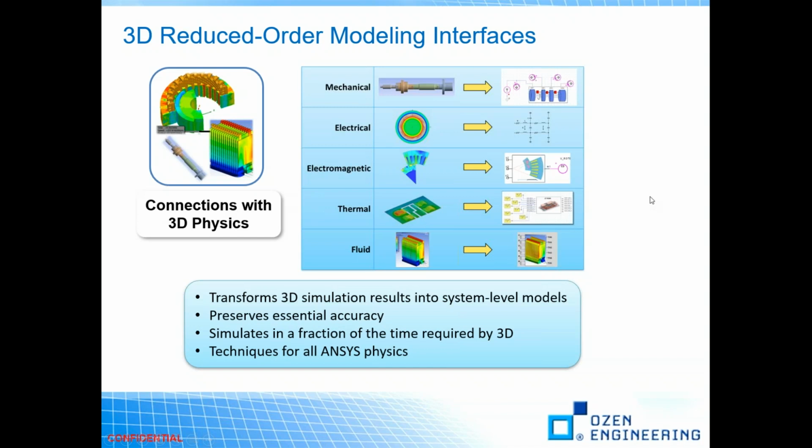We also mentioned ROM, which stands for reduced order modeling. It is one of the important approaches for connecting 3D physics simulation to the system level. A ROM is a simplification of a high fidelity dynamical model that preserves essential behavior and dominant effects, for the purpose of reducing simulation time or storage capacity required for the more complex model.